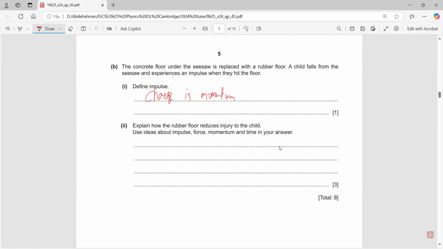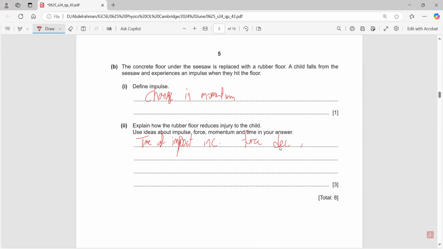The time of impact increases. When the time of impact increases, what happens to the force on him? The force decreases.